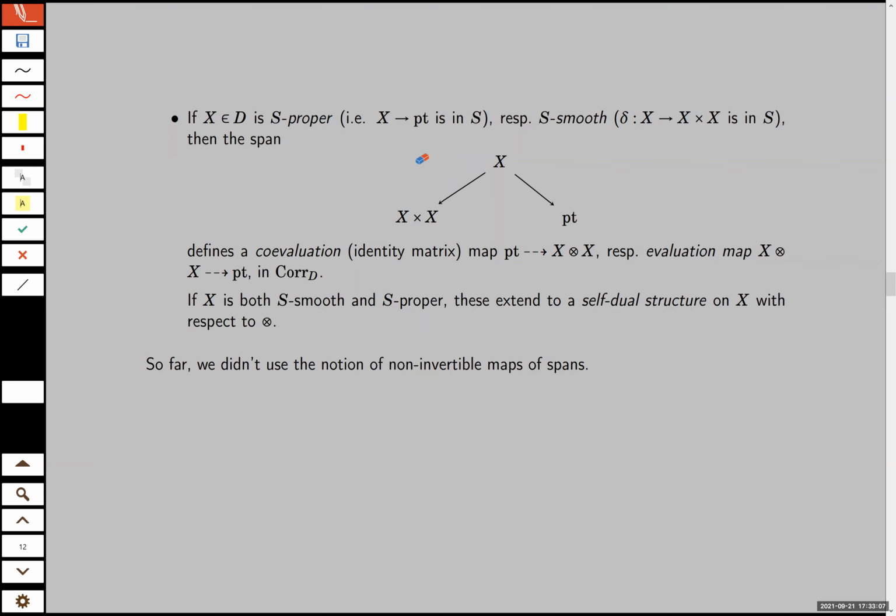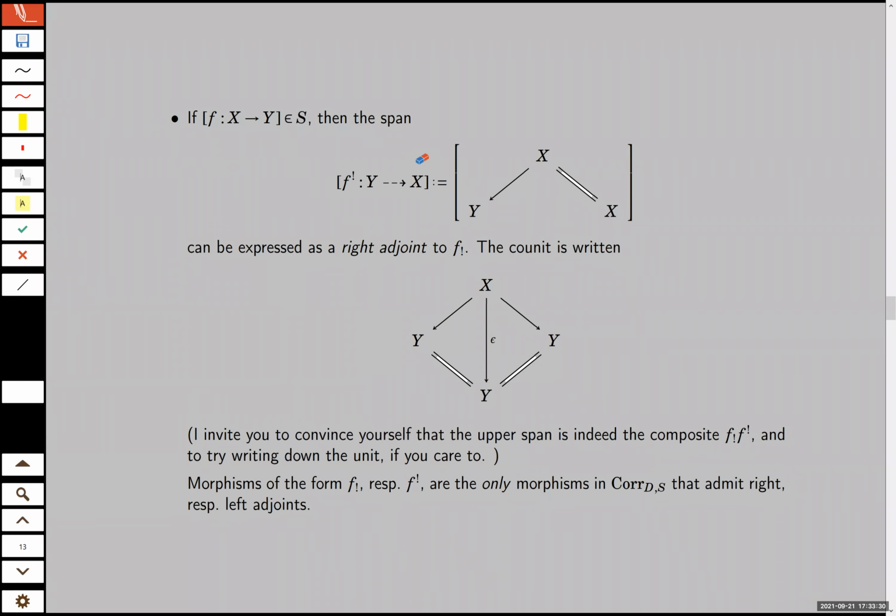We already found there's addition on the mapping spaces, and there's a duality story, which can't possibly exist in D with respect to the Cartesian product, because only the point has a dual with respect to the Cartesian product. But there's more to say when you add non-invertible maps, and I will say it.